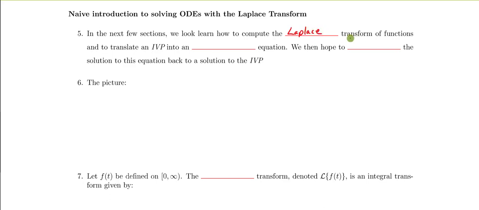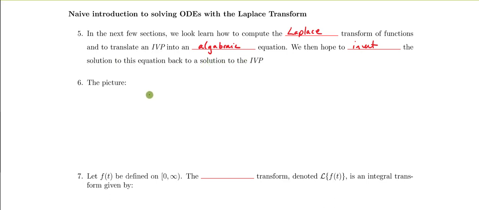And what we'll do is compute Laplace transforms of functions and then translate IVPs, initial value problems, into an algebraic equation. Once we've converted the differential equation with its initial conditions into an algebraic equation, we then hope to invert the solutions to those equations back into solutions of IVPs.